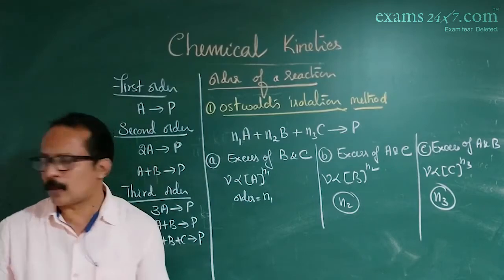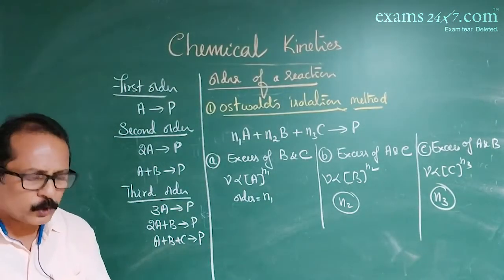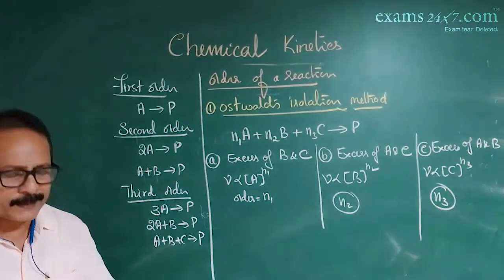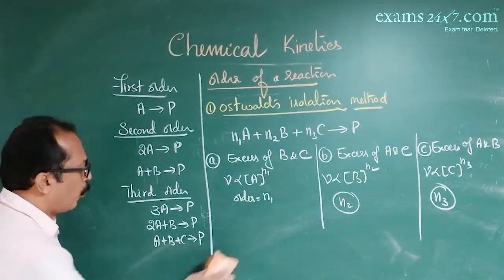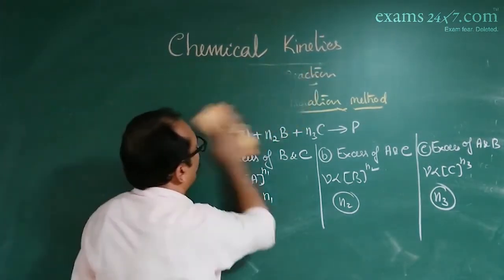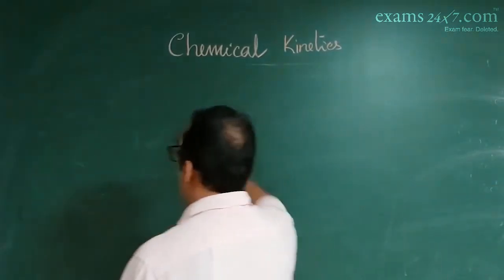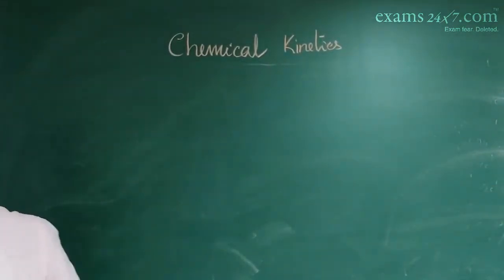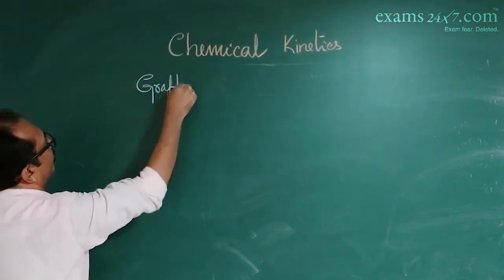The next method is called the graphical method. This involves two steps. In the first step, the rate of the reaction is determined. Once you know the rate of the reaction, by plotting the graph of rate versus molar concentration, we can predict the order of the reaction.